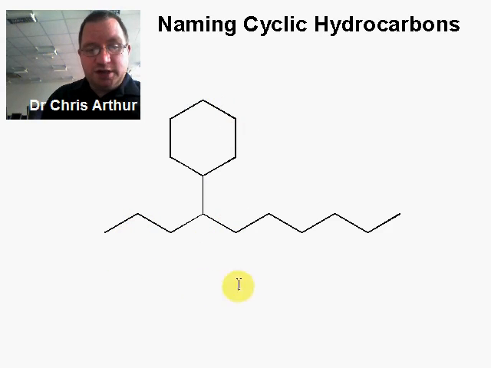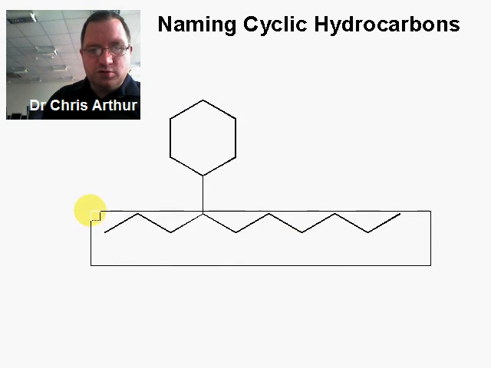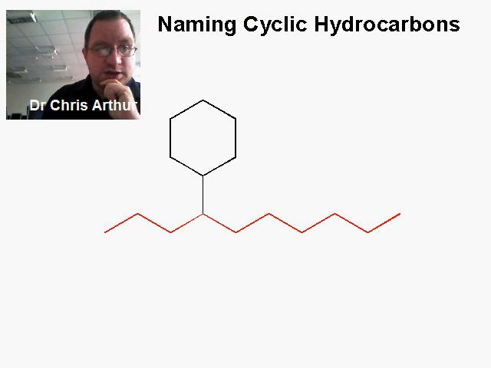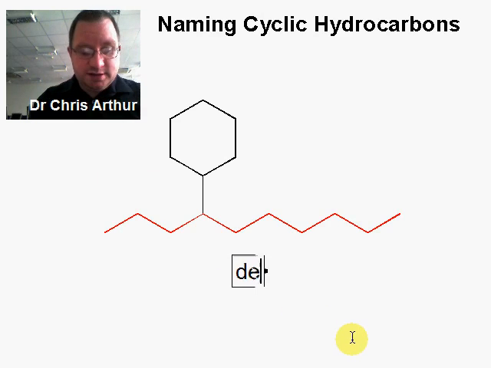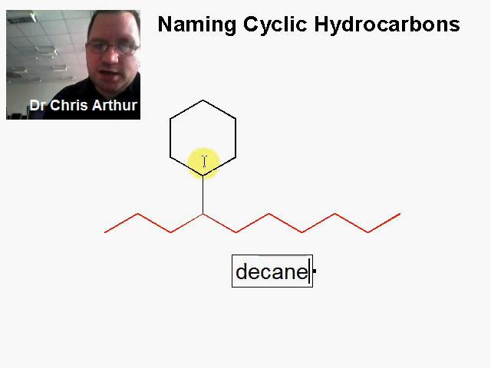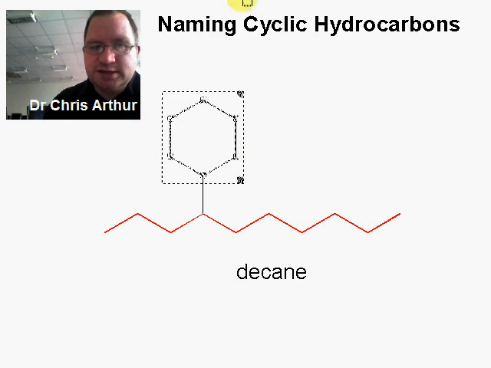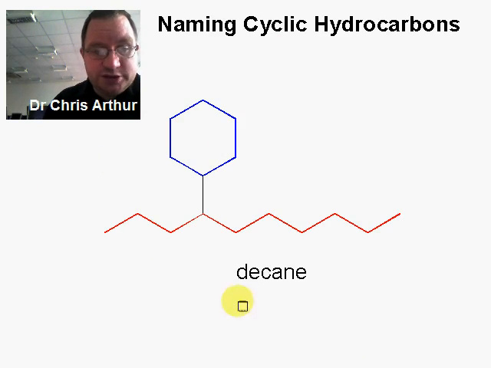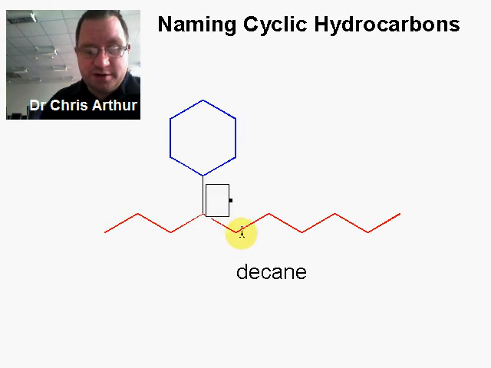So in this case, the longest chain is 10 carbons long, so the base of the name is going to be decane. And we're now going to add this cyclohexyl group onto that. The cyclohexyl group is on 1, 2, 3, 4, carbon number 4.